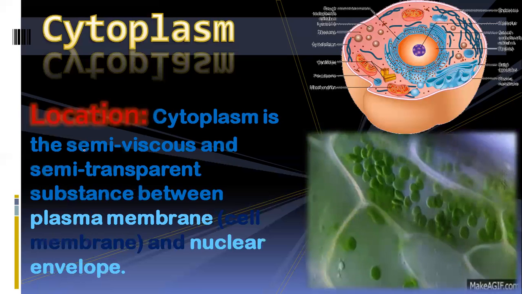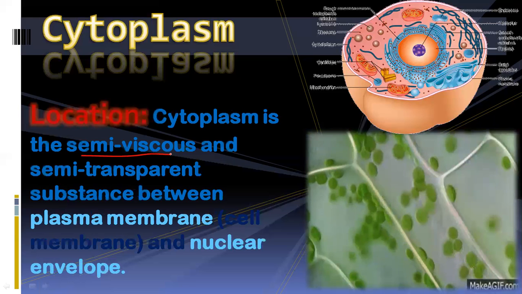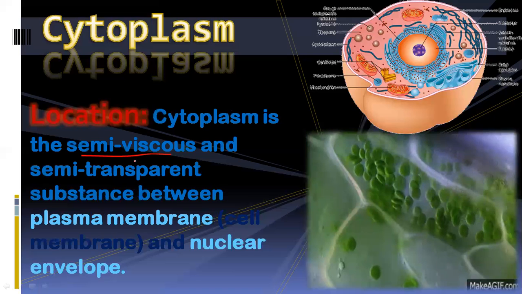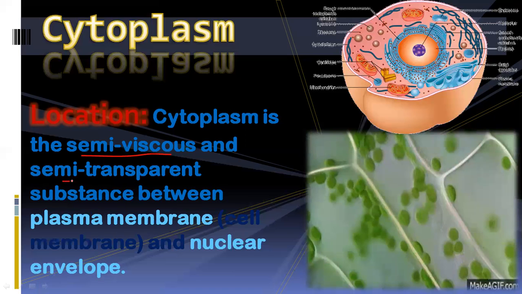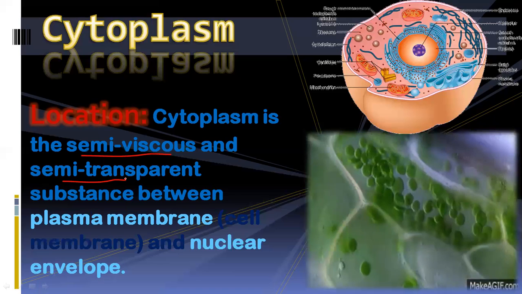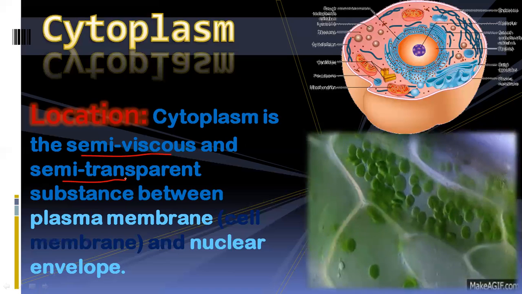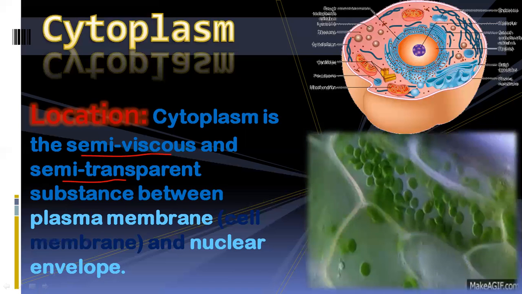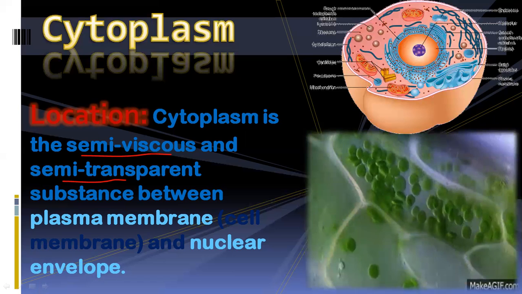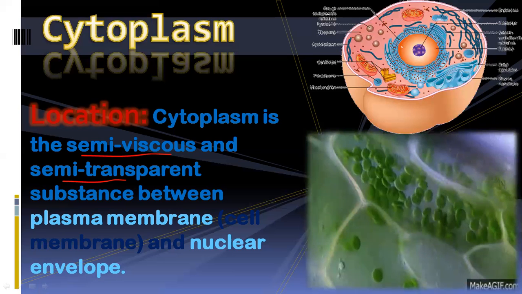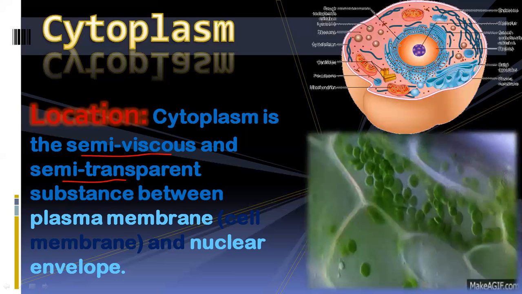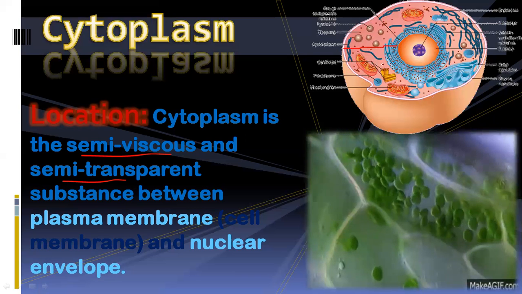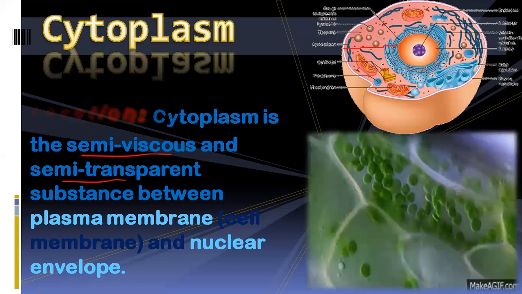It is semi-viscous, like viscous means thick, not so thick, not so thin. Semi-transparent, not completely transparent. It is present between the plasma membrane, here you can see the plasma membrane, as well as near the nuclear envelope. So from here to here, all around this, the cytoplasm is present.